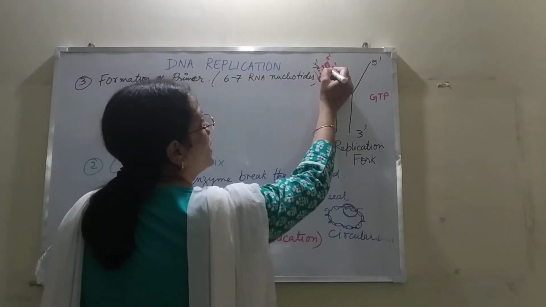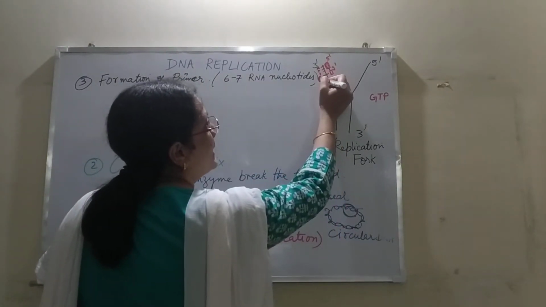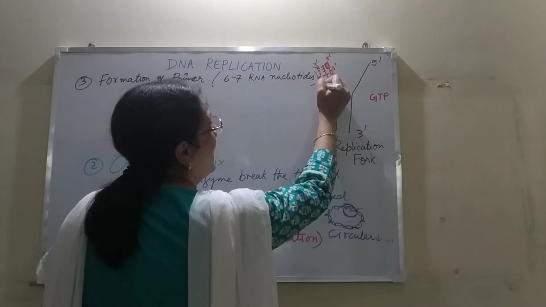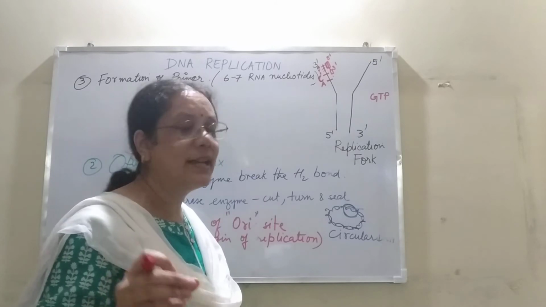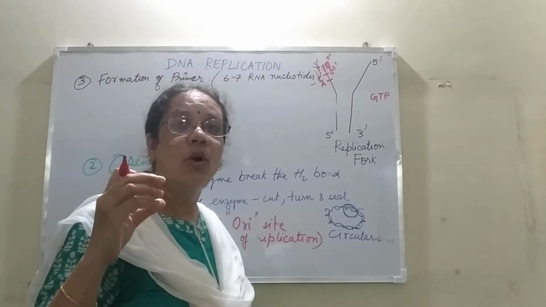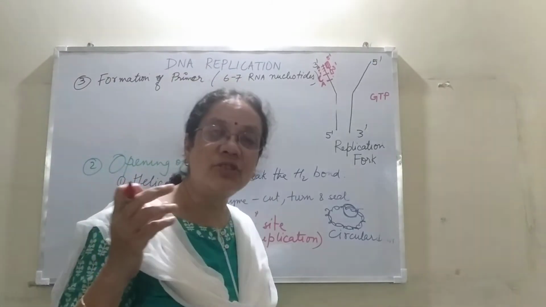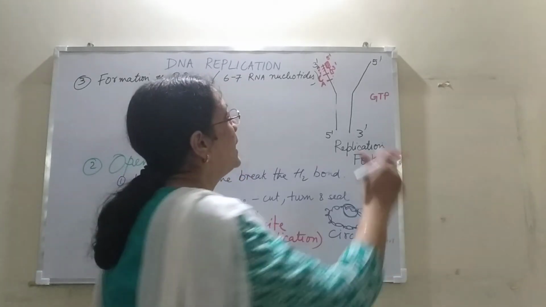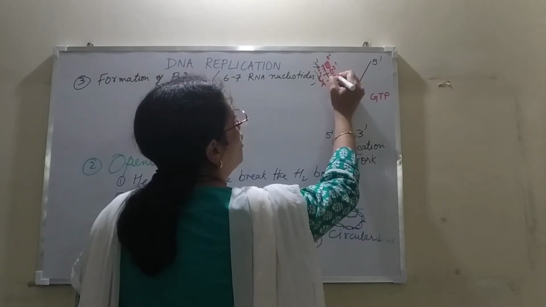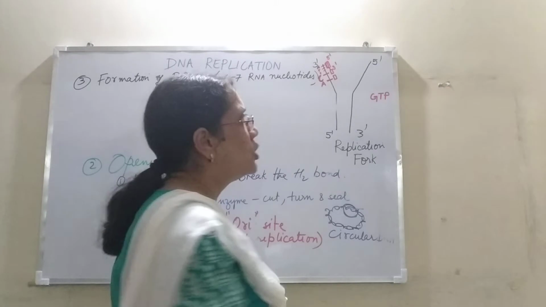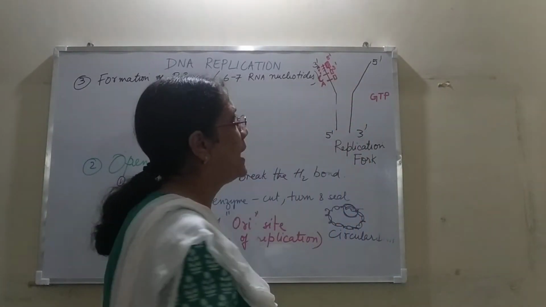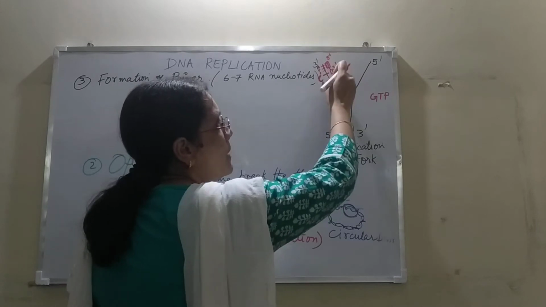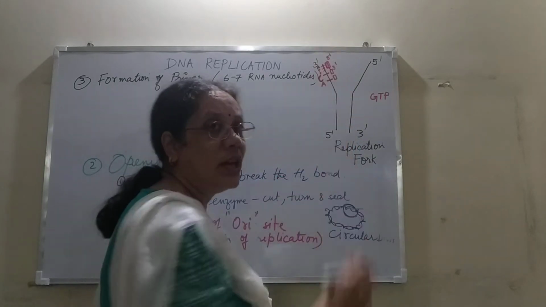So gradually what is going to happen? Next let's take this to be A. If this is A, another nucleotide which has the nitrogenous base T will come and settle here. So gradually one nucleotide base is coming and forming a bond, and this is gradually growing.